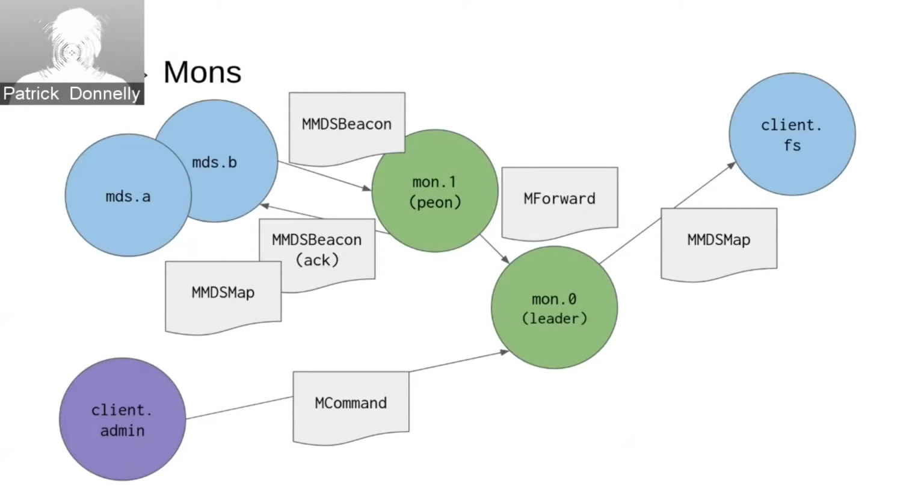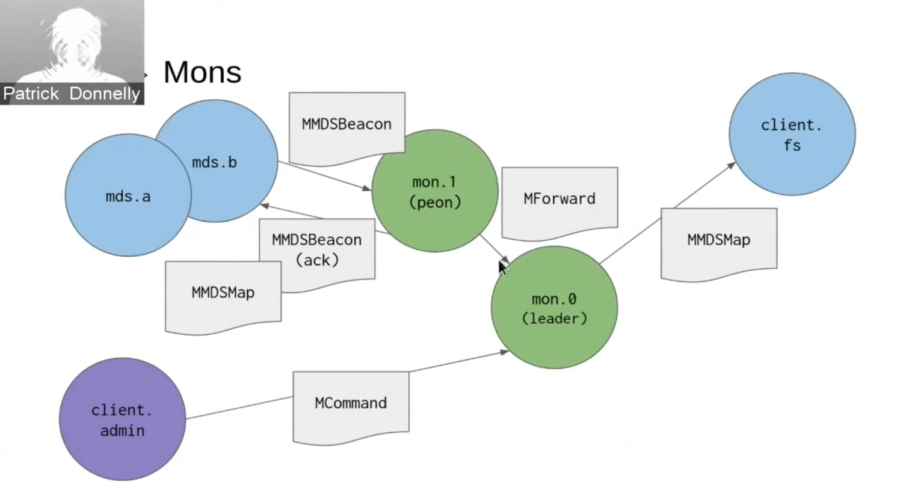And that is sent, I believe, every MDS beacon interval seconds, usually about 2 seconds, from the MDSs to the monitors. And when the monitors receive that, let's say the MDS sends it to one of the peon monitors.